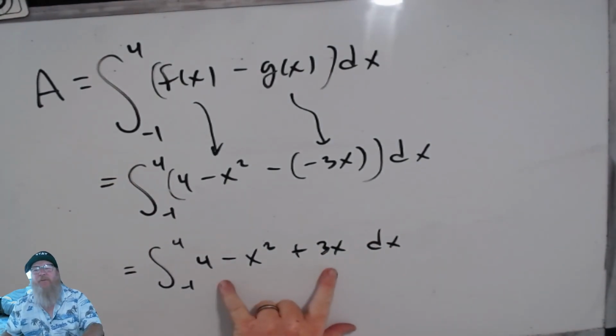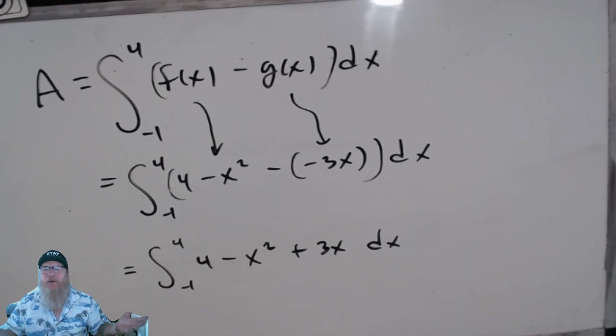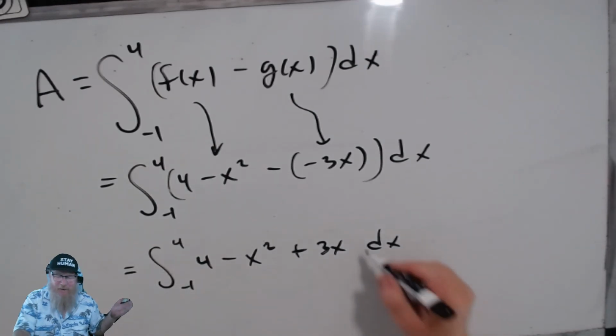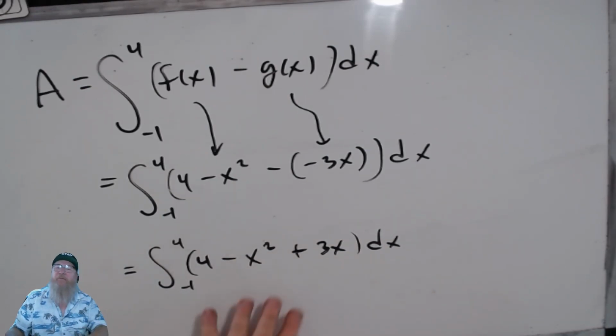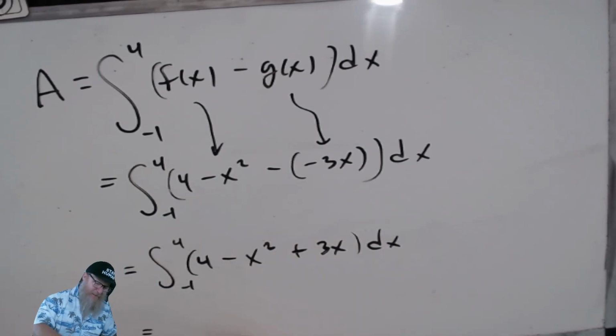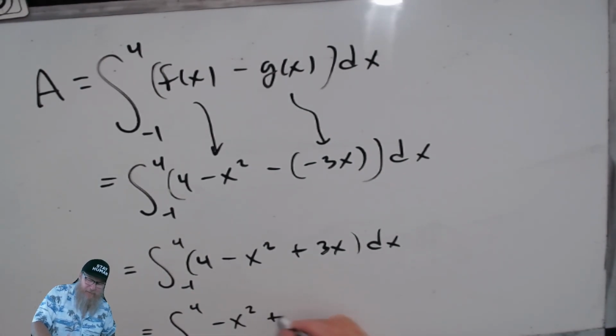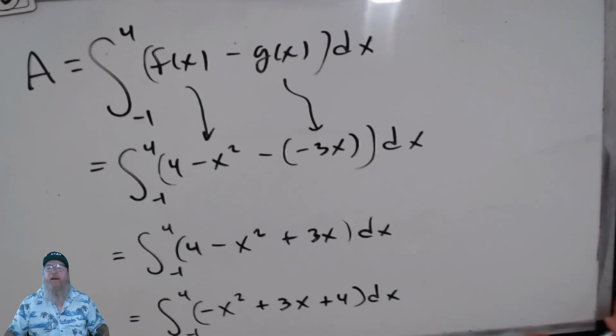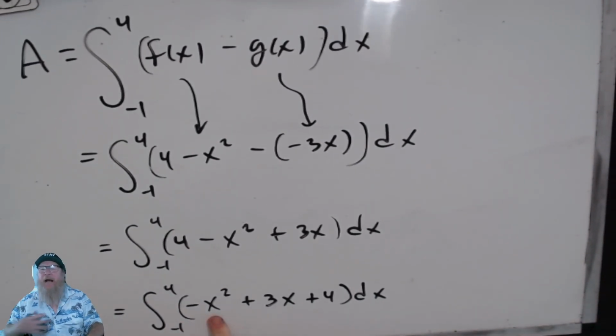You don't really have to put this in standard descending order. It's not necessary. If you prefer it, you can. I'm one of those people, but I don't insist upon it.